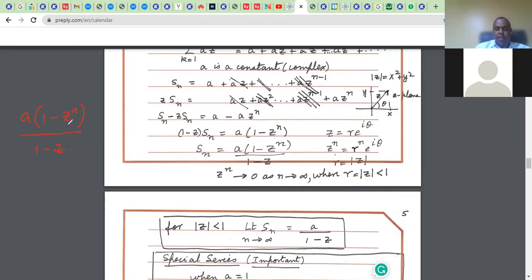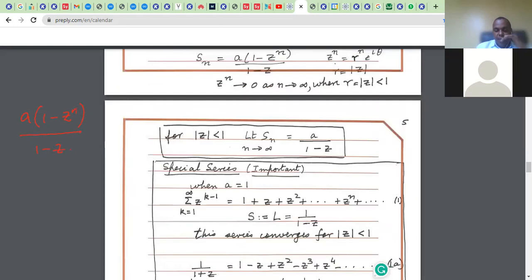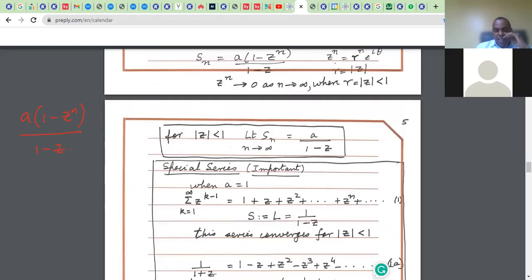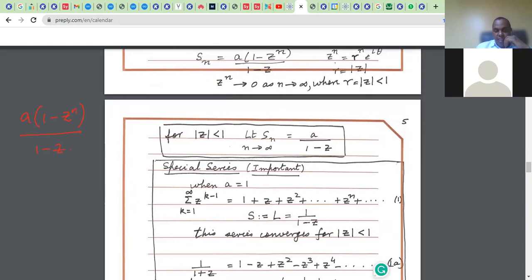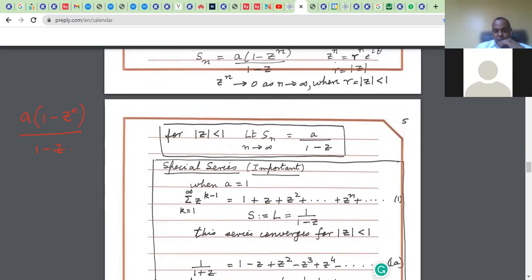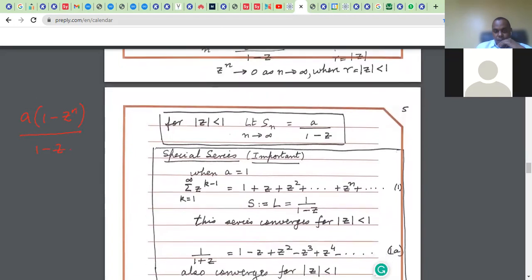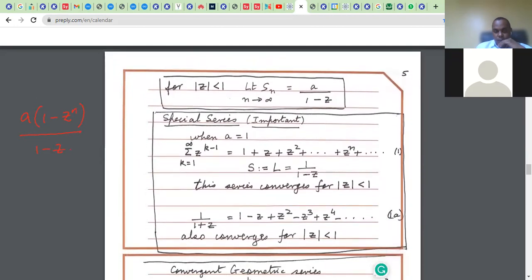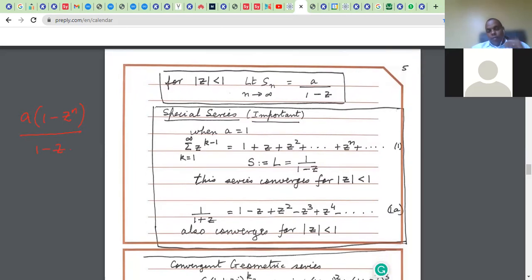Because n is a power and Z is going smaller and smaller, getting very close to 0, we don't need to count it, and we can say that it's only a divided by (1 minus Z). Let me make this note for Z less than 1.